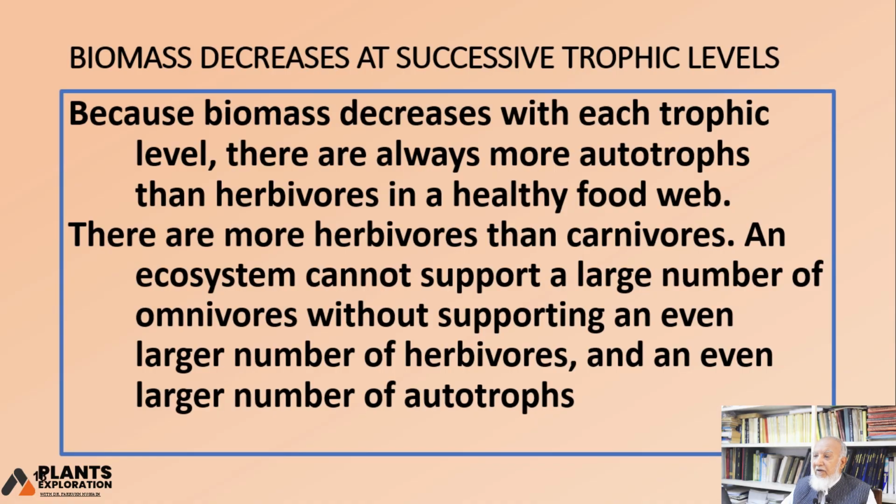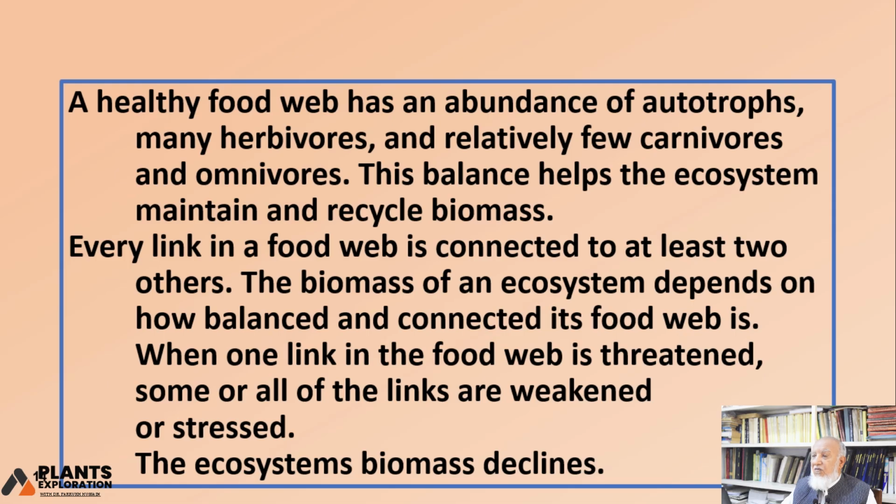A healthy food web has an abundance of autotrophs, many herbivores, and relatively few carnivores and omnivores. The balance helps the ecosystem and maintains recycling. Each link in a food web is connected to at least two others.